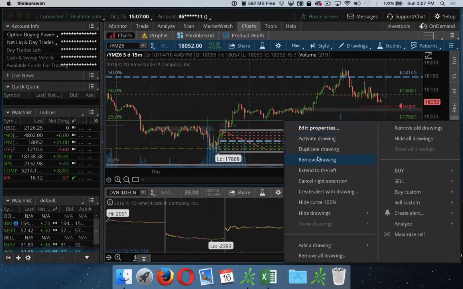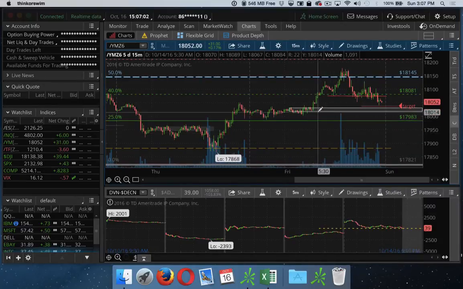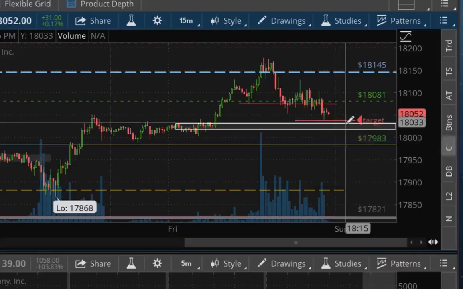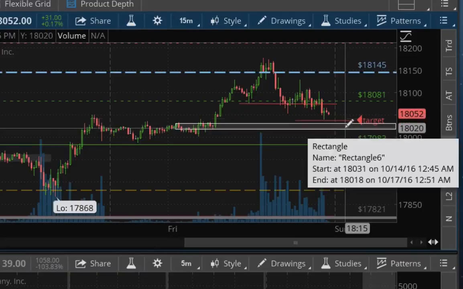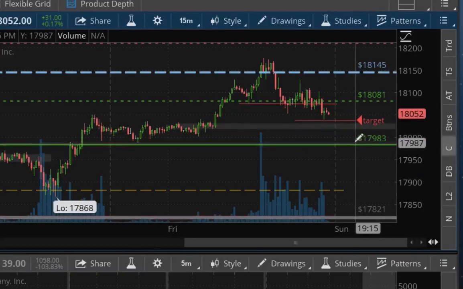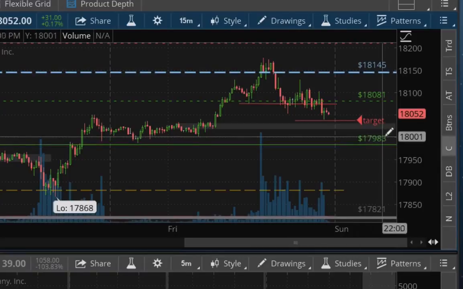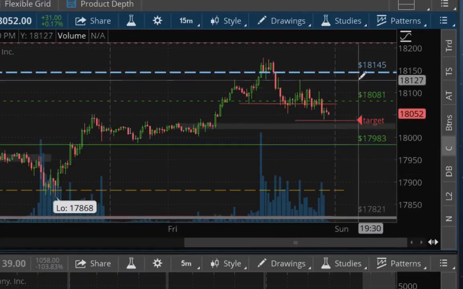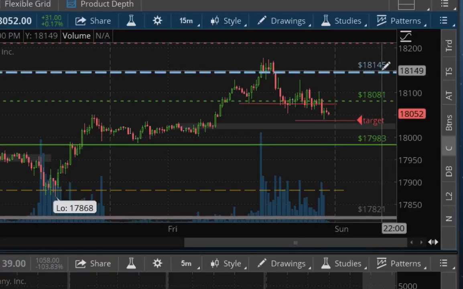Let's see, I don't need these anymore. Coming up for this week, what I'm looking at is a possible drop down into maybe this level right in here, 17,983, which is one level I'm looking at, and potentially we go back up to 18,145.